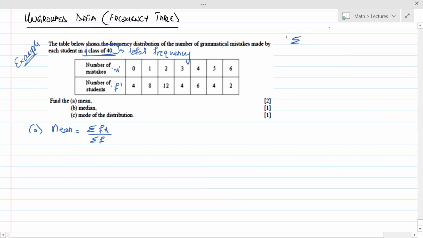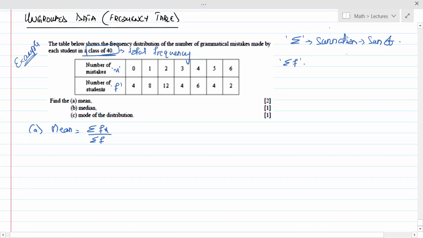This is a Greek letter which we call sigma, and sigma is used as summation, or you say sum of. Summation fx means you first multiply f and x and then you sum them up. Upon, and then they are writing summation f.